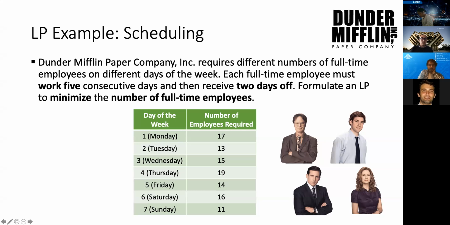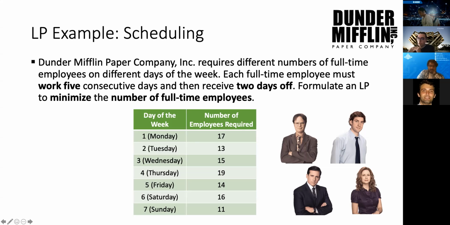But we need to make sure that each full-time employee must work 5 consecutive days and then receive 2 days off. So, for instance, an employee will work on weekdays and have 2 days off on weekends. The goal is to formulate a linear program to minimize the number of full-time employees.